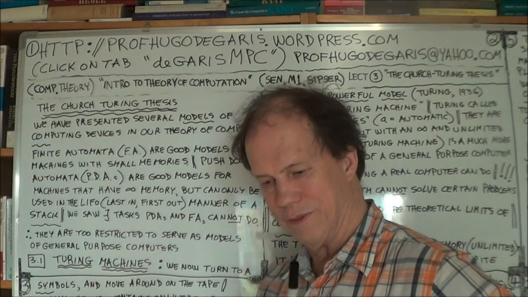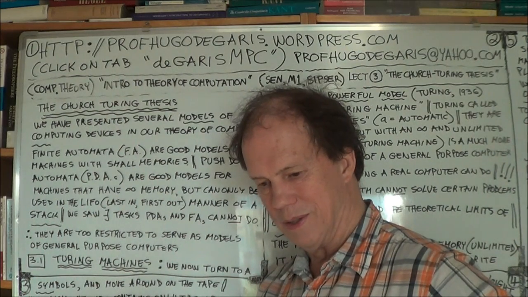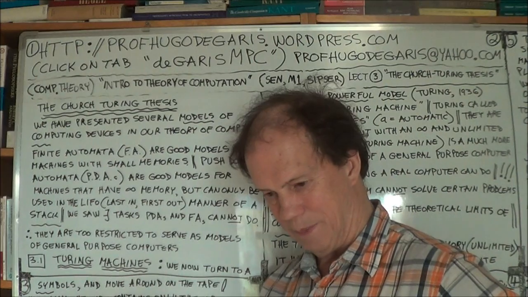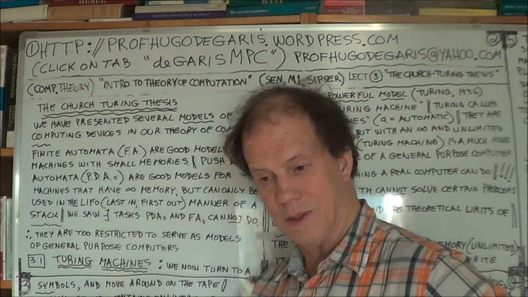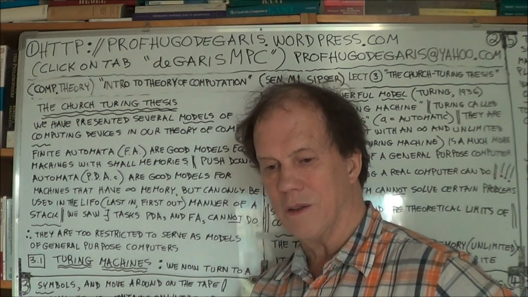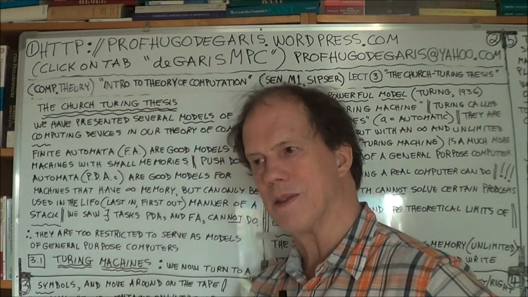He was the father of artificial intelligence. That was his vision, that machines could be intelligent. He invented the Turing test in artificial intelligence. How do you know when a machine is intelligent? Well, when it can converse with you just at the same level as a human being, essentially. That's the Turing test.